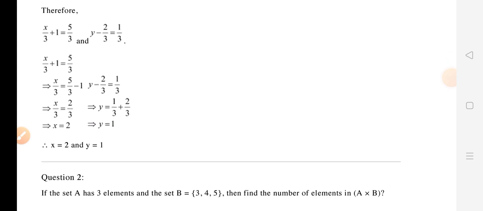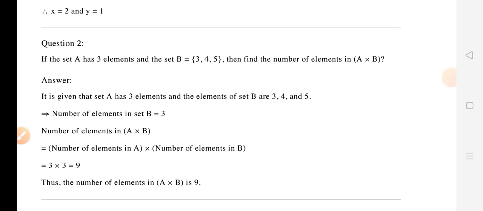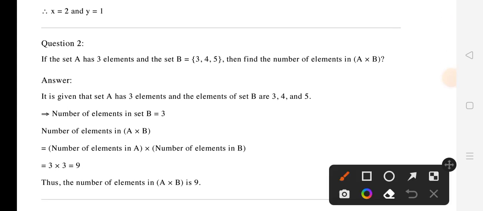Now the next question: if set A has 3 elements and set B has the elements 3, 4, 5, so there are 3 elements also, then find the number of elements in A cross B. It is given that set A has 3 elements and the elements of set B are 3, 4, 5, so the number of elements in set B is also 3.